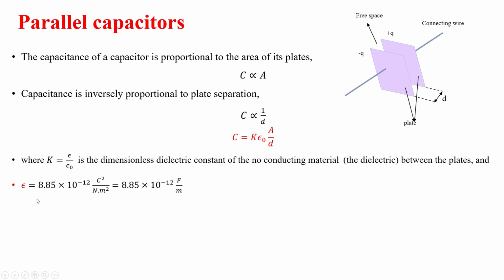Epsilon naught is equal to 8.85 into 10 raised to power minus 12 coulomb square per Newton per meter square. This is the constant value, and K epsilon naught is equal to epsilon. For vacuum, K is always equal to 1.